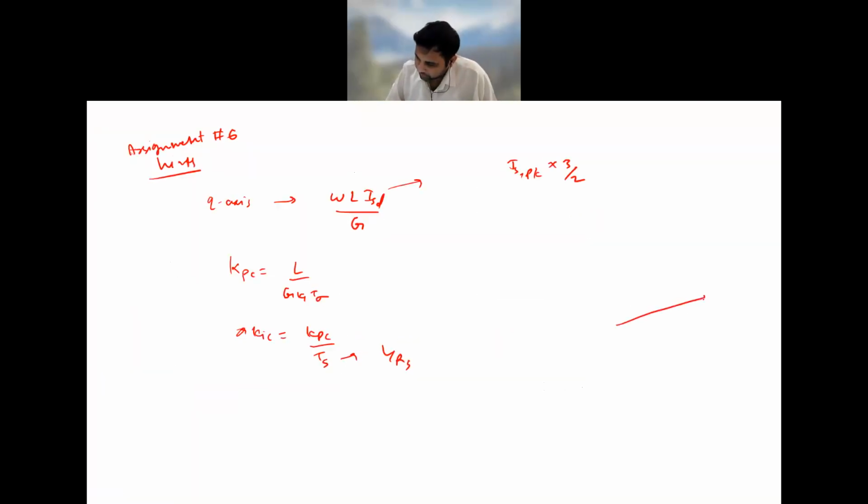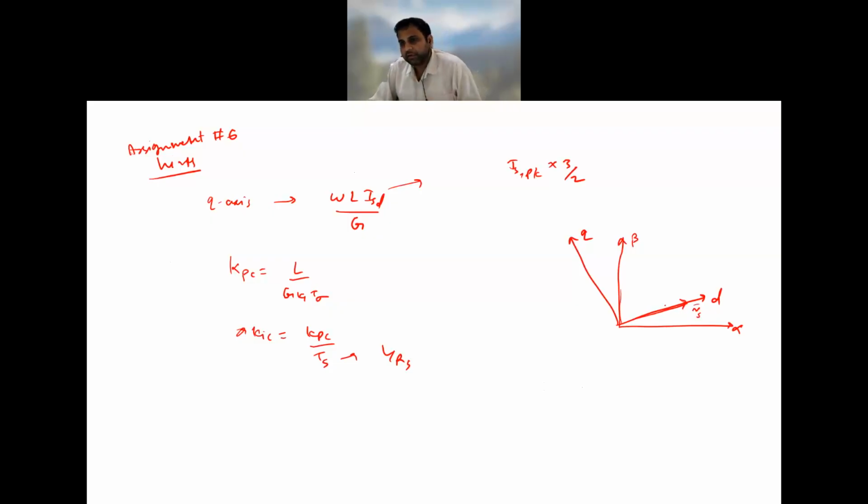See, what we have is the D component, the Q component, the beta component and the alpha component. And what we are trying to do is align our Vs phasor along the D axis, and in our operation we also want the Is phasor to be along this, which we can ensure by making the Q component 0.